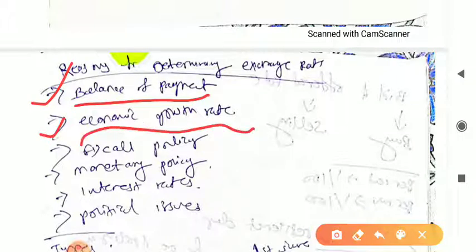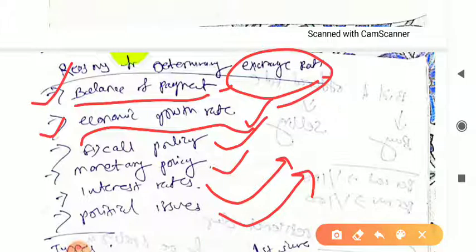The first reason is the balance of payment. Try to remember these terms for determining the exchange rate: balance of payment, economic growth rate, fiscal policy, monetary policy and interest rates, and political issues.